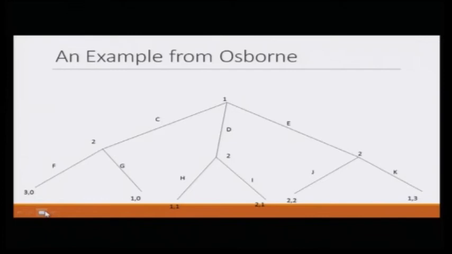Let us take an example. This example is given in Professor Martin Osborne's very famous book, An Introduction to Game Theory. Here, player 1 can take one of three actions, C, D or E. If player 1 takes action C, then player 2 can take action F or G. Similarly, if player 1 takes action D, then player 2 can take action H or I. If player 1 takes action E, then player 2 can take action J or K. Here the vanilla form of backward induction has a problem.